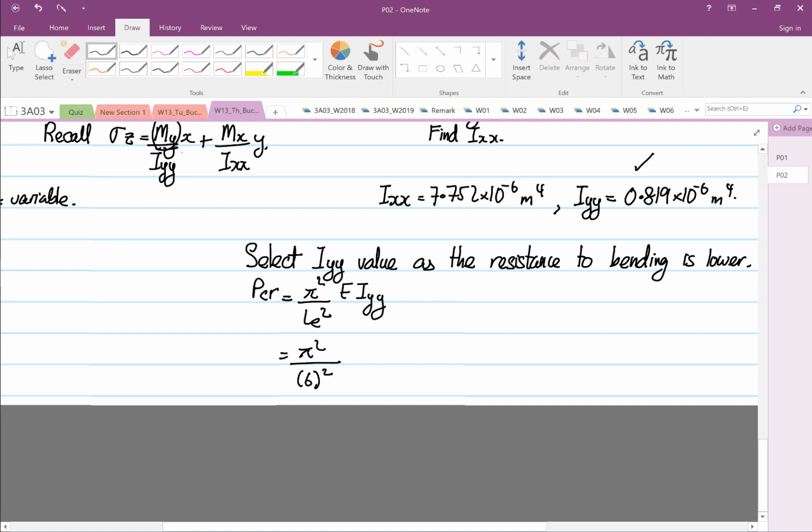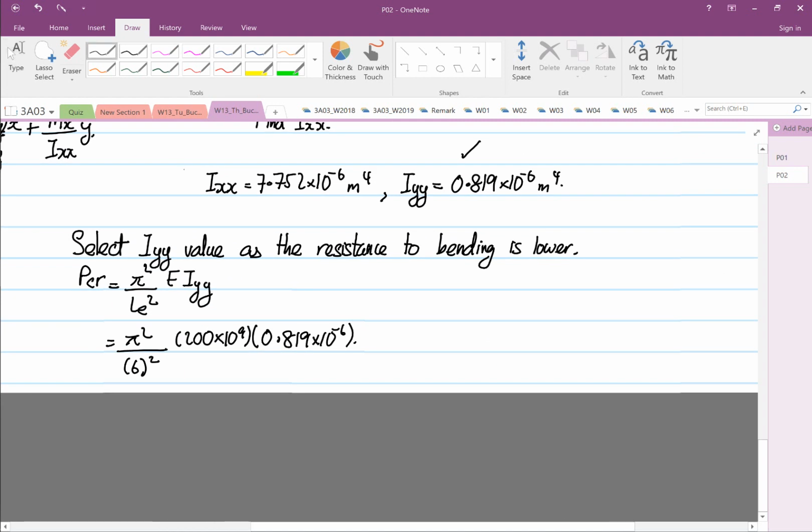Young's modulus I'm going to take as for steel, and Iyy is 0.819 times 10 to the power minus 6. So from here, your critical load is equal to 44.906 times 10 to the power 3 newtons.